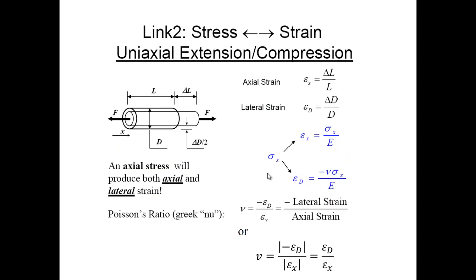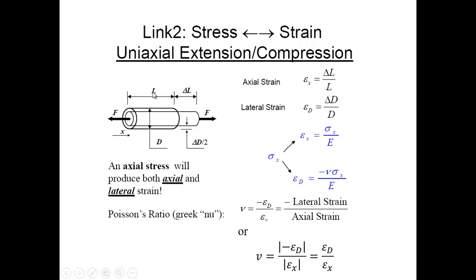For strain, if you still remember, you have your axial strain, and also your lateral strain. So what is the difference between them? For example, if you have a rod with tension forces acting on it, the deformation occurs in the direction of the forces.